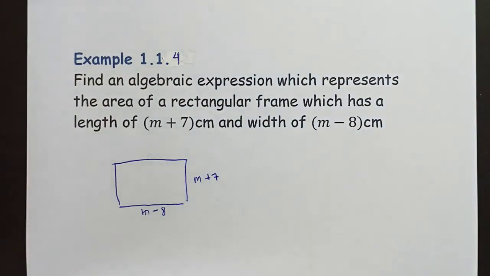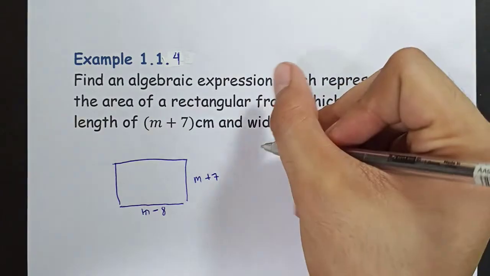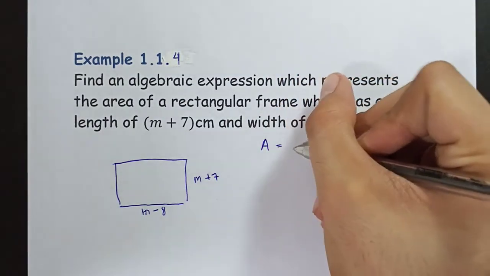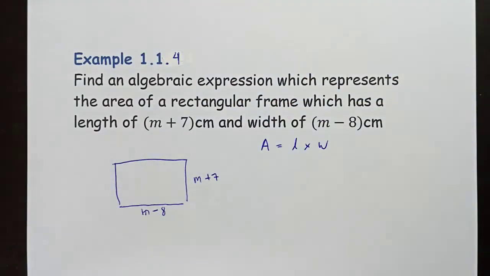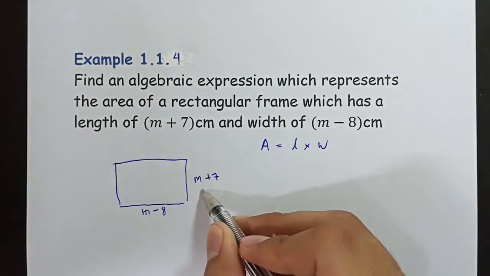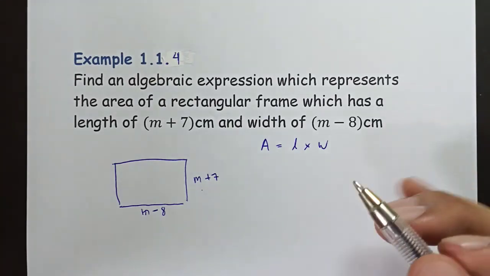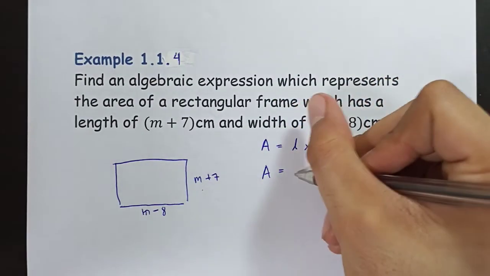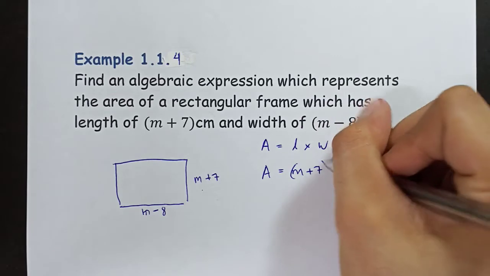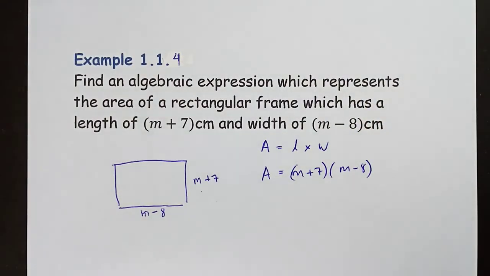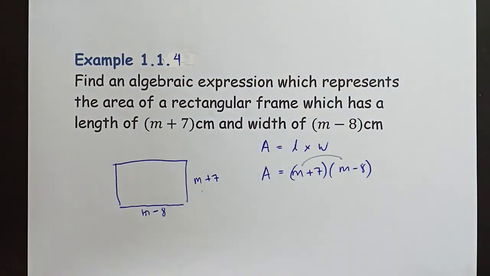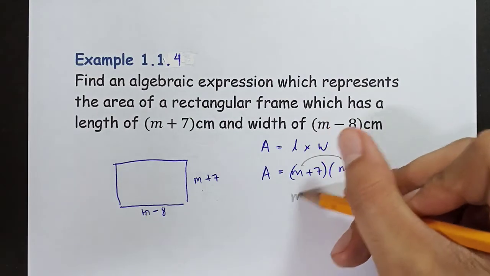So, ano bang area ng rectangle or rectangular frame? So, ang area nun is length times width. Pag multiply lang natin sila. So, ito yung length, ito yung width, multiply lang natin. So, m plus 7 times m minus 8. Ano gagawin natin ngayon? FOIL method. M times m is m squared.